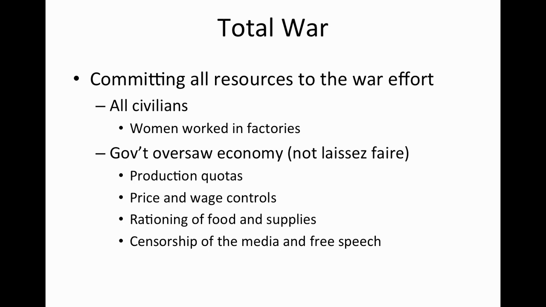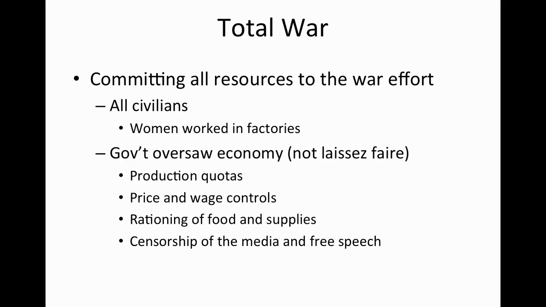They would actually control prices to prevent inflation. They would make sure that workers were being paid an adequate wage so that workers wouldn't go on strike and disrupt the production of armaments. They would require Americans to ration food. Meatless Mondays, where you couldn't eat meat maybe on Mondays. Gasless Wednesdays, where you couldn't fuel up your car, perhaps.